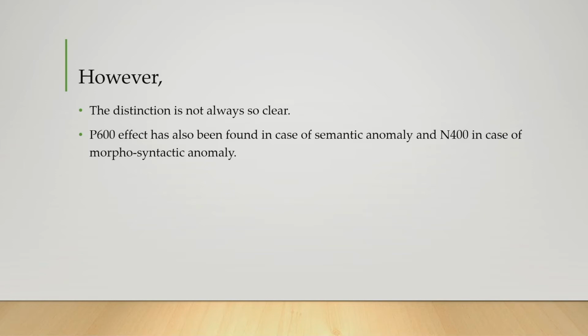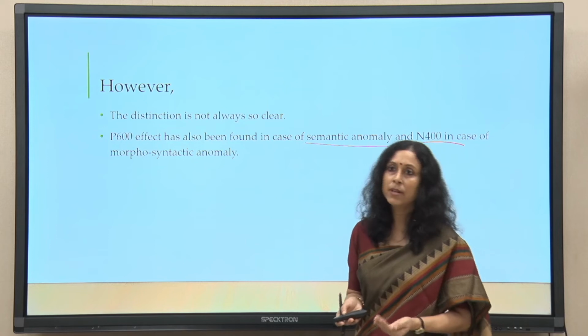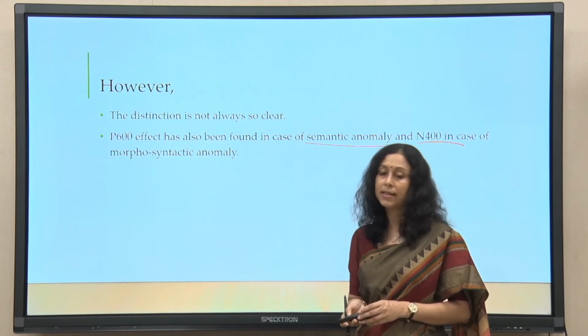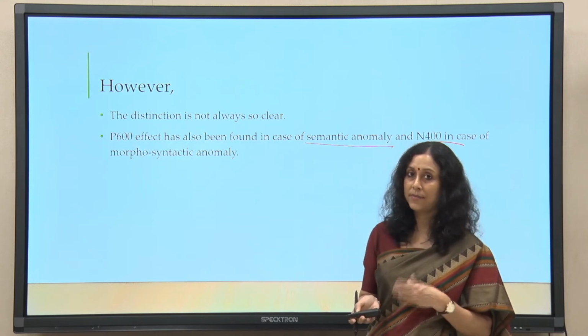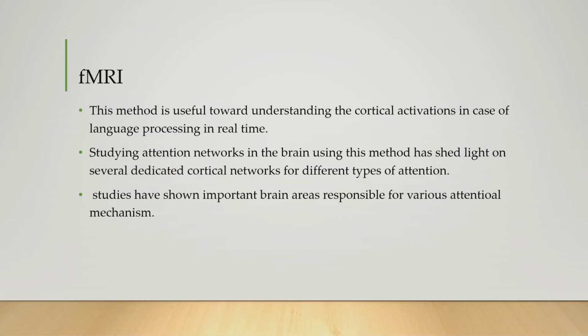There are recent findings that show that the P600 effect has been found in the case of semantic anomaly as well, and N400 in the case of morphosyntactic anomaly. So, the allocation of N400 for only semantic anomaly and so on probably does not work given various kinds of task conditions and other things. This is what we have as a background with respect to ERP. Similarly, fMRI we have seen before.